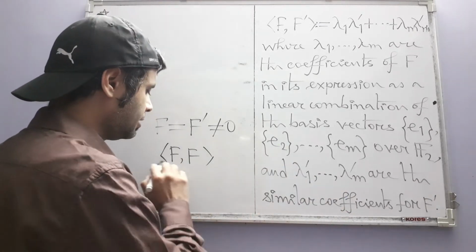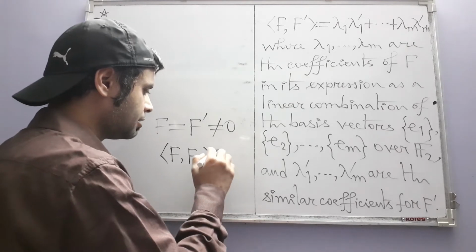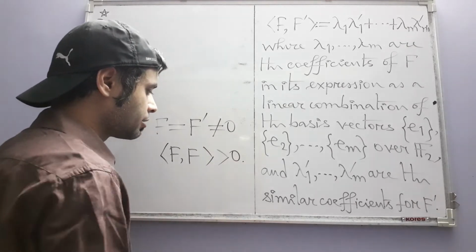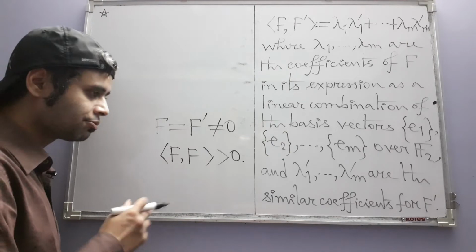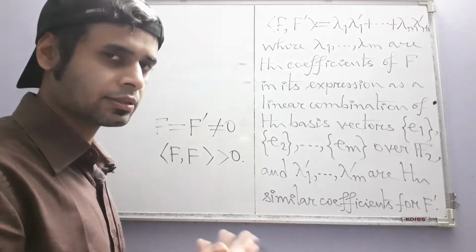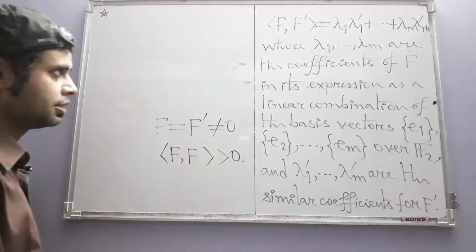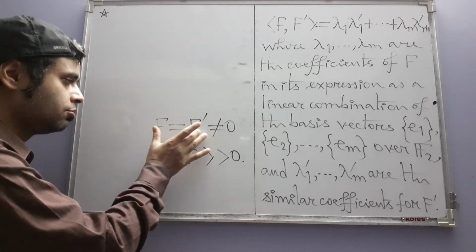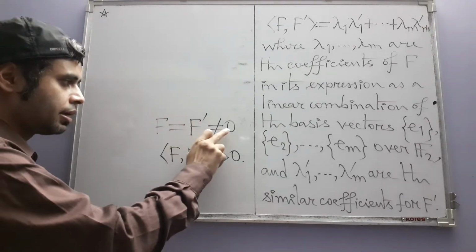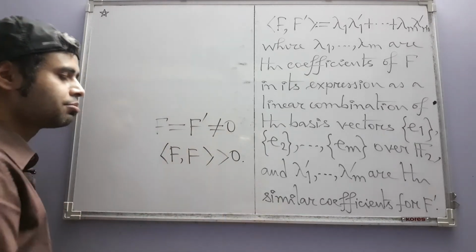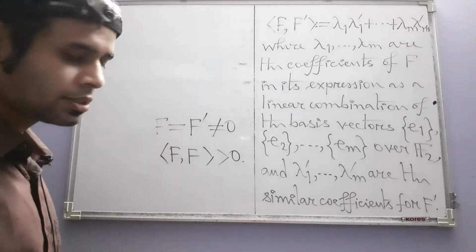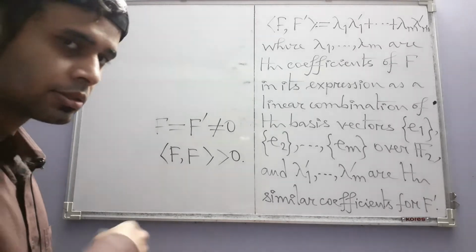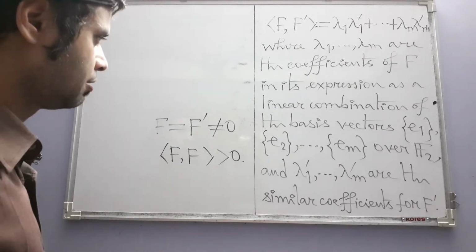In fact, it is a real number greater than 0, and this helps you define a metric and such things. Okay, you already know these things. Here, however, that is not the case. Even if your two vectors are equal and none of them is 0, still the product can be 0. So in this respect, it still differs from the ordinary inner product.